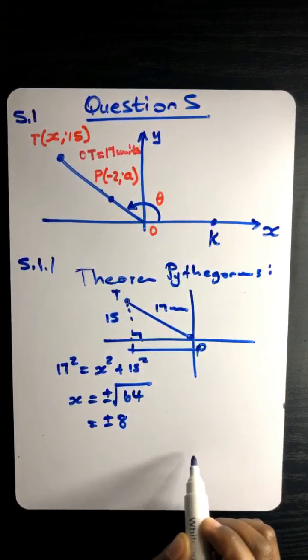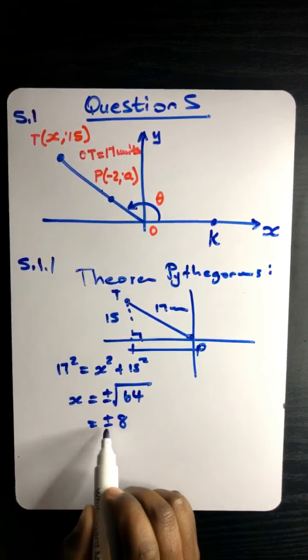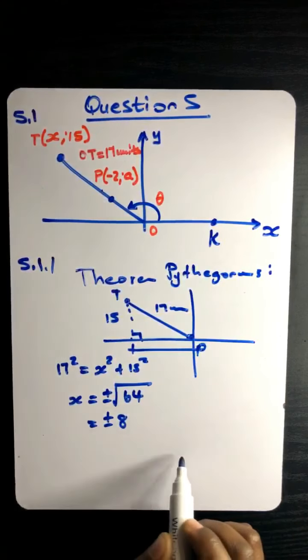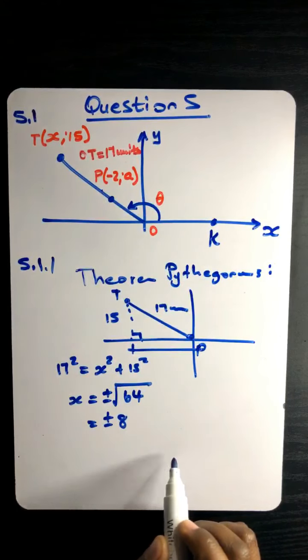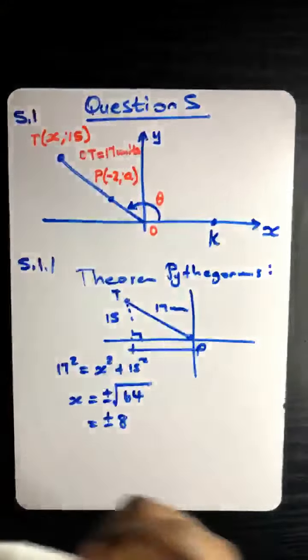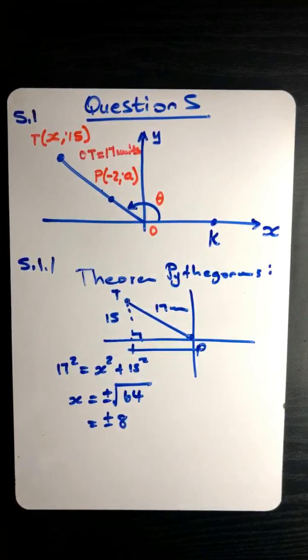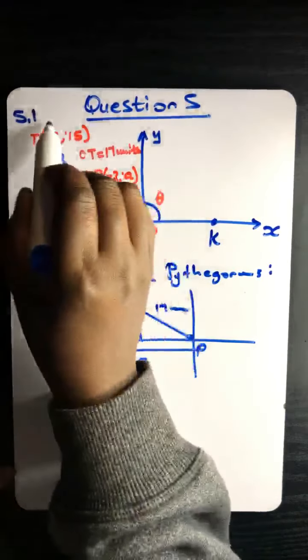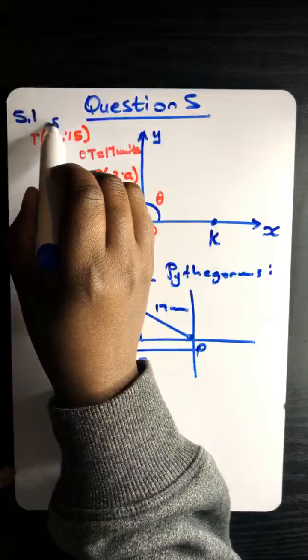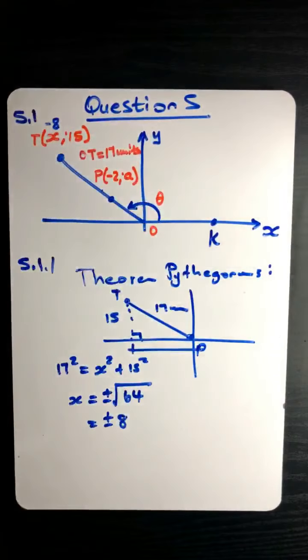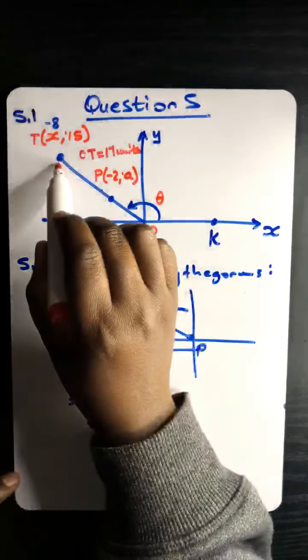Which one is correct between the plus and the minus? It's a negative, sir. So that means we have our x value being negative 8. Let me just write it down over there.